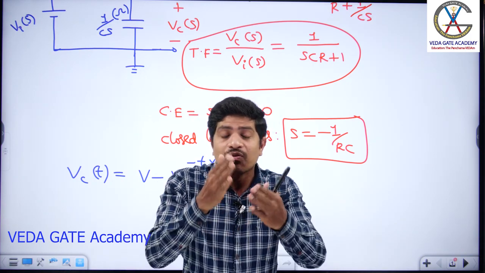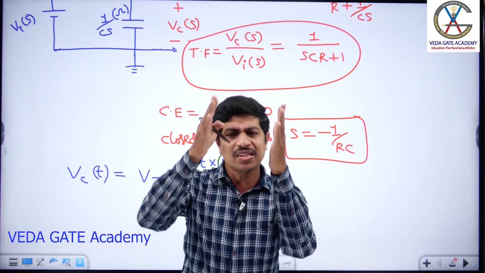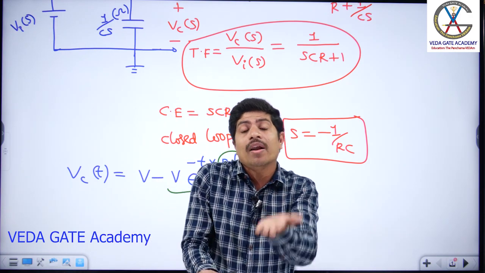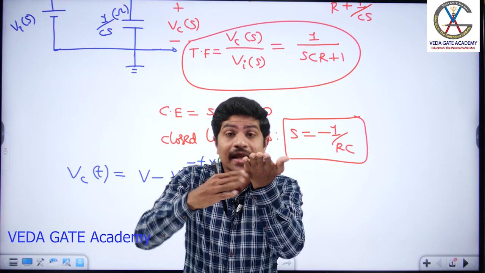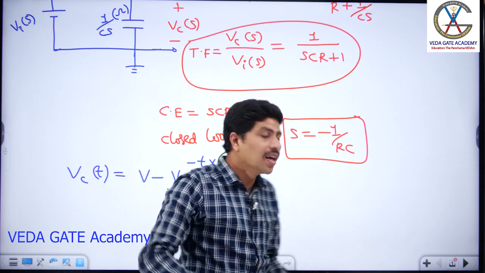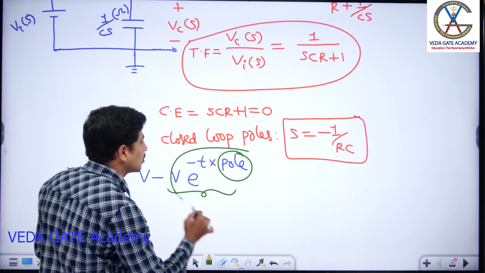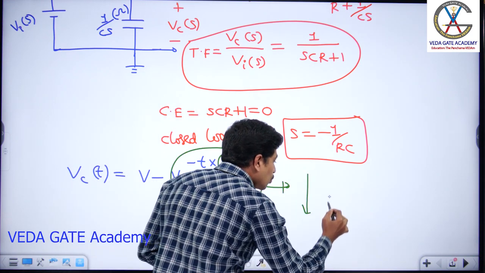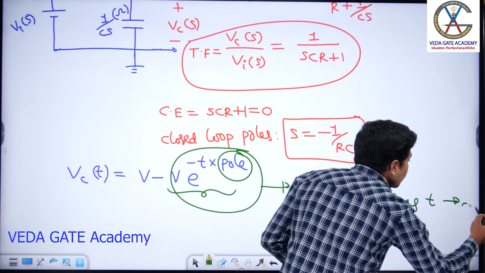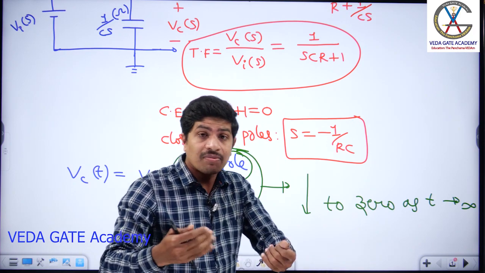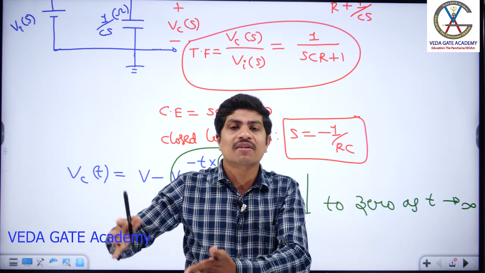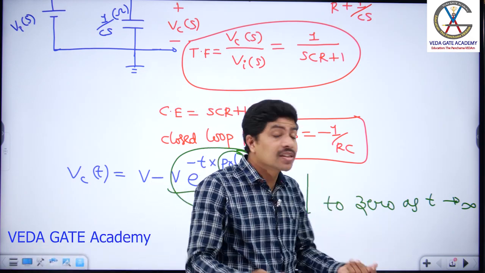Second point is we cannot deny the natural response. Why? Because every system is going to have a natural response. Every person is going to have some disadvantages. But if the advantages are very high compared to the disadvantages, then he is a stable person. If the disadvantages are more compared to the advantages, he is an unstable person. In the same way, if this natural response is decreasing to zero as t tends to infinity, it is like a person growing up whose bad habits or disadvantages are reduced, and he is going to be stable.